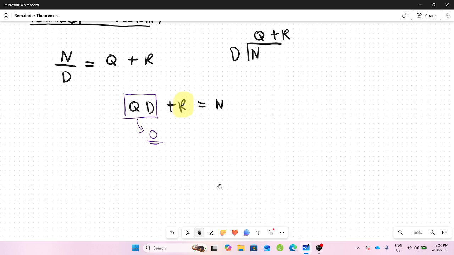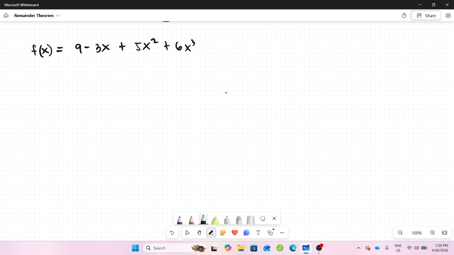Okay. Let's say, for example, we have this function. Let's say we have a function f of x, which is equal to 9 minus 3x plus 5x squared plus 6x cubed.